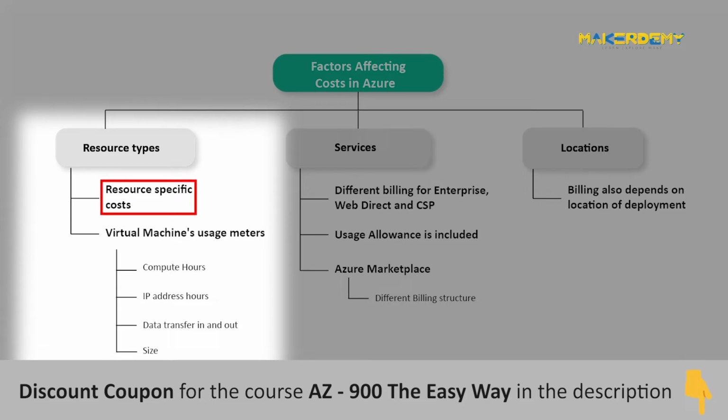What that means is, each resource is billed depending upon the usage and the number of meters for that particular resource. For example, a virtual machine's usage meters that contribute to its bill are compute hours, IP address hours, data transfer in and out, size, etc. Depending on the meter's usage of a resource, the Azure account is charged for each billing period.